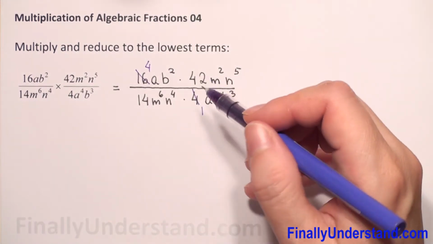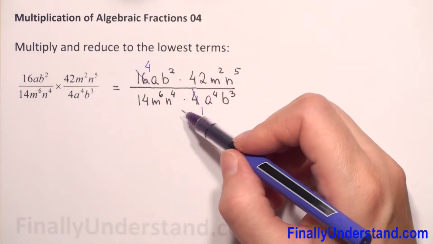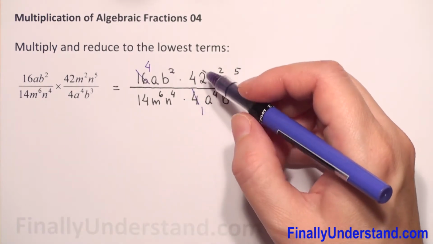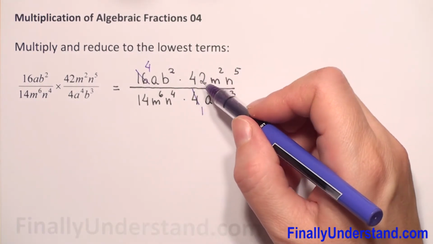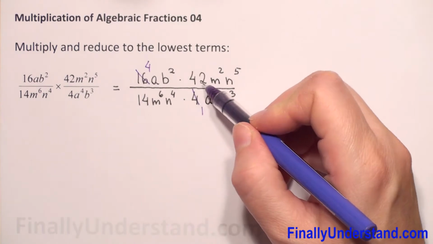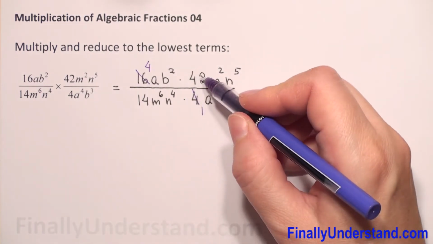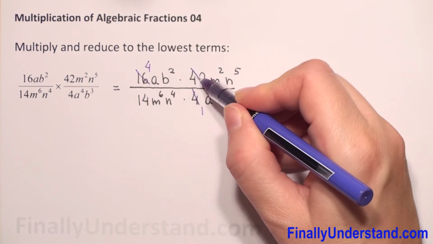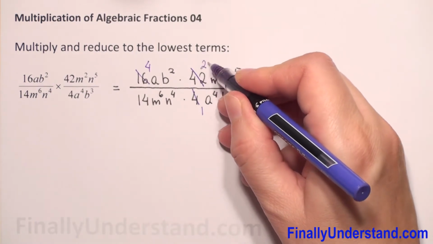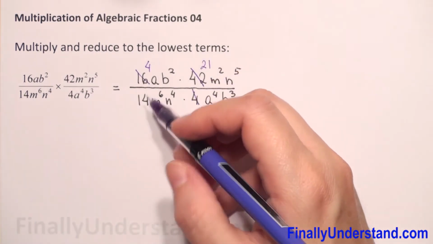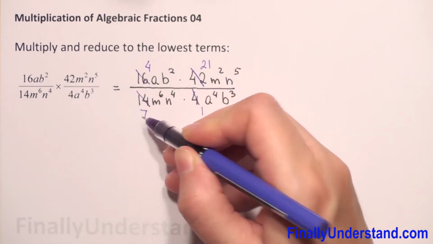So 42 divided by 2 is 21, and 14 divided by 2 is 7.